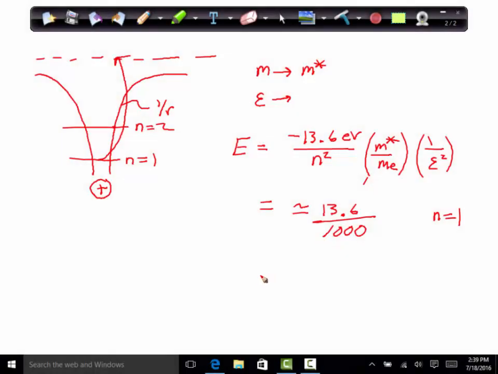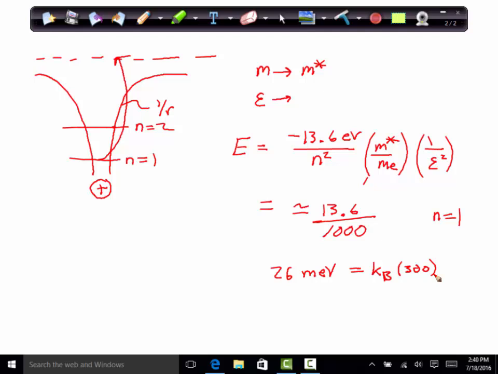This is important because at room temperature, 26 milli-electron volts is the numerical value of kBT, so kB times 300, and that means that there's enough thermal energy to ionize these extra electrons or extra holes off of their dopant centers so that they can run around in the conduction band or the valence band.